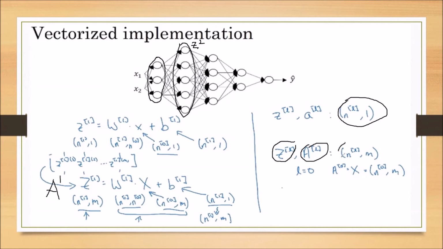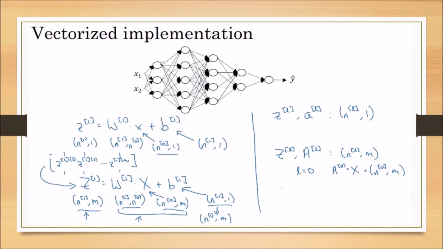If we take M training samples for the first layer, then we first get 3 values for the first training sample, another 3 values for the second training sample, another 3 for the third, and like that another 3 values for the mth training sample.